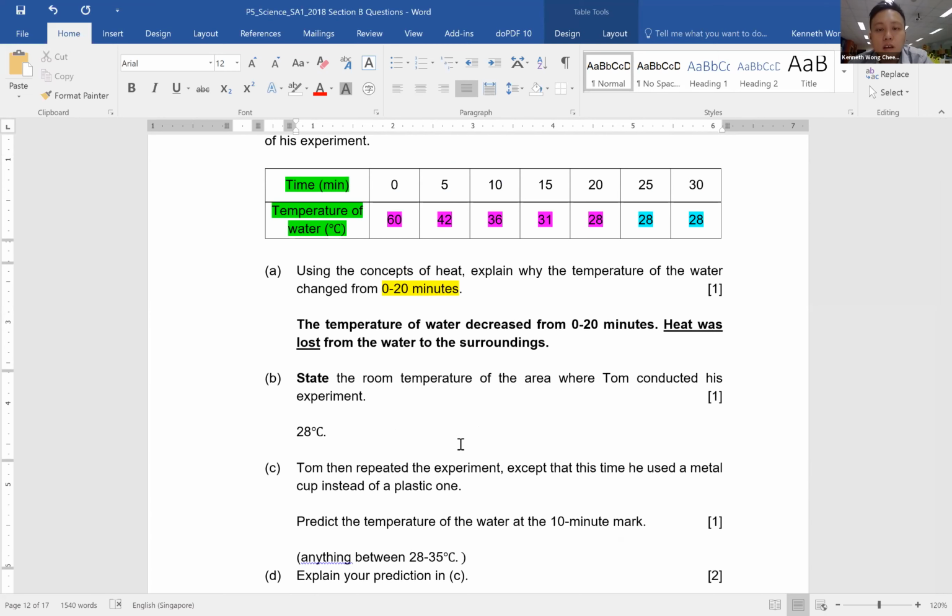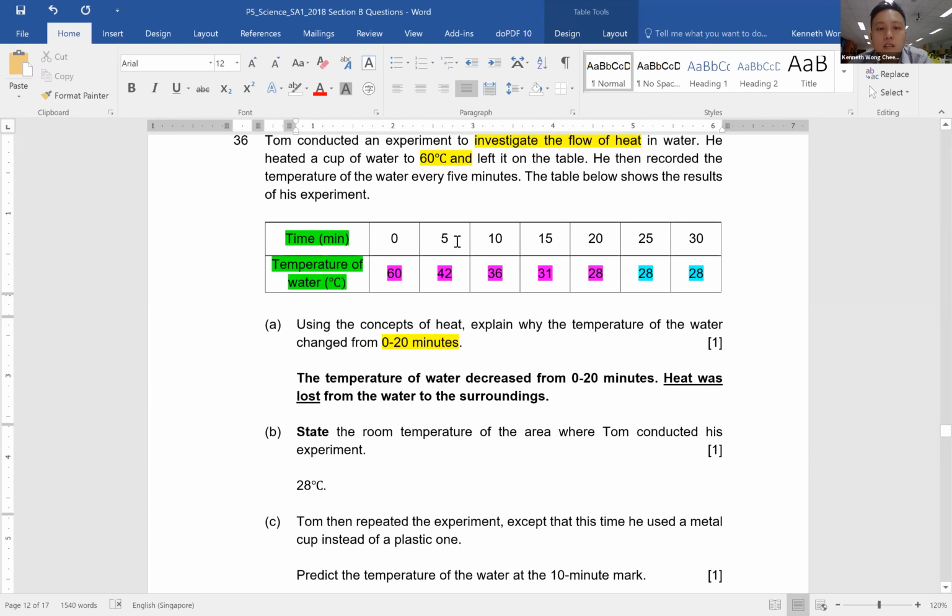Explain your prediction in C. Now, if you look at the table, at 10 minutes, the temperature of the water in a plastic cup is 36 degrees Celsius. So if you put the hot water in a metal cup, what will happen to the metal cup compared to the plastic cup? Will the metal cup become hotter than the plastic cup or not as hot?